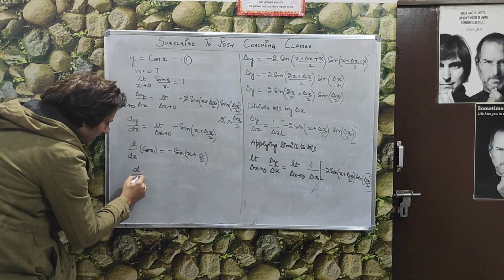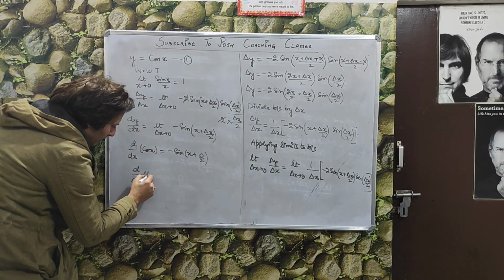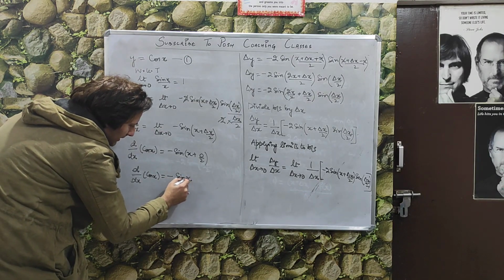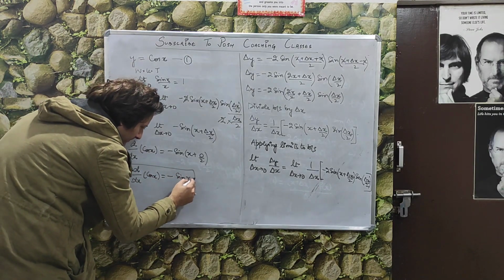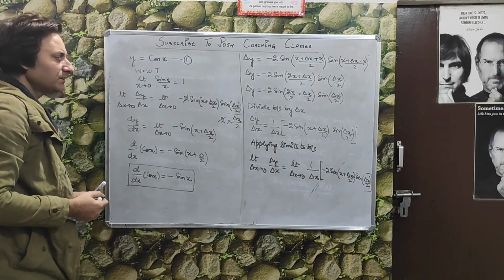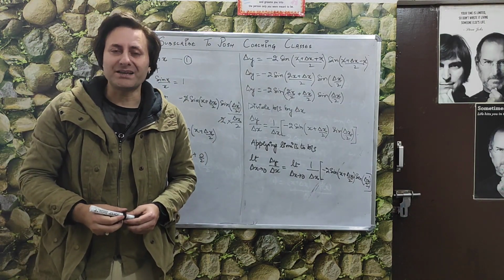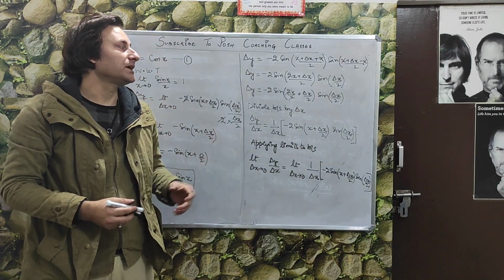So we have d upon dx of cos x equal to minus sine x. Right? So this is how we use ab initio method when it comes to differentiation.